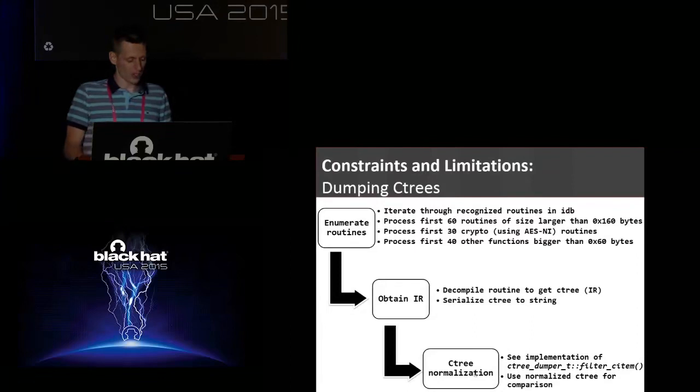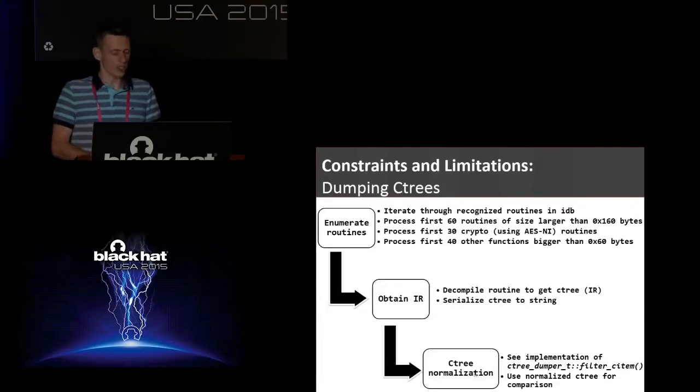So we were obtaining this number of ctrees, and we were doing ctree normalization. Normalization is done to compare the ctrees. You can see a reference to the implementation of this function in the source code of the plugin, Hex-Rays Code Explorer, which will be put up after the presentation.